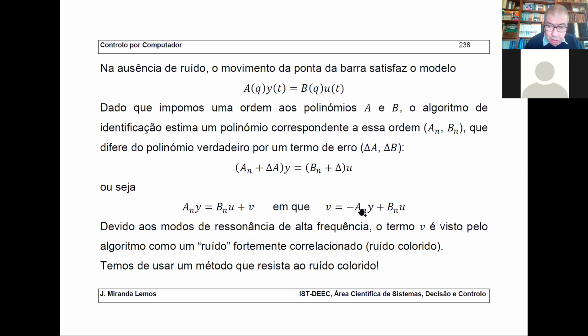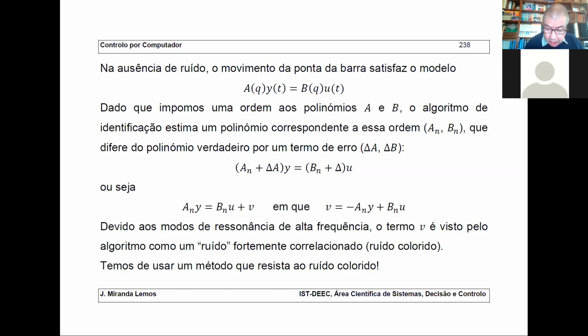So even if you don't consider stochastic noise entering, the fact that you are using a reduced complexity model, that is to say, you are assuming that your model has an order smaller than the model that actually generated the data, then you will gain something. In this case, you will gain a lot, as can be seen, by using a method that lives with colored noise.